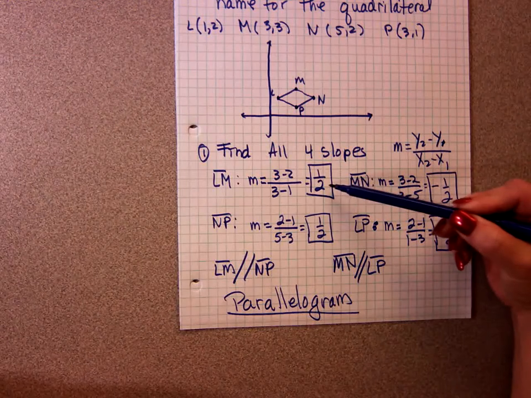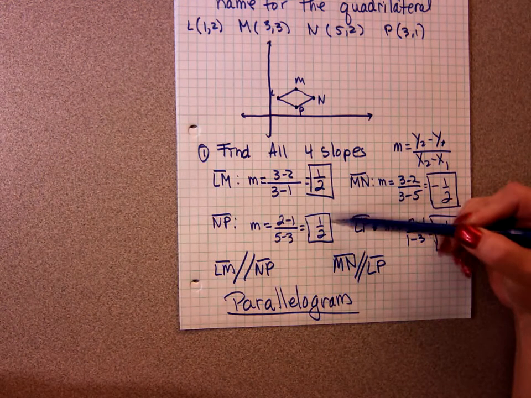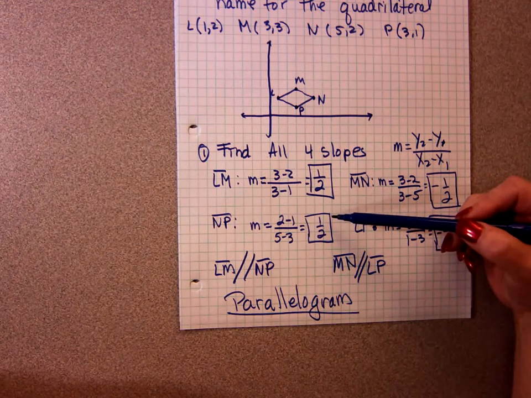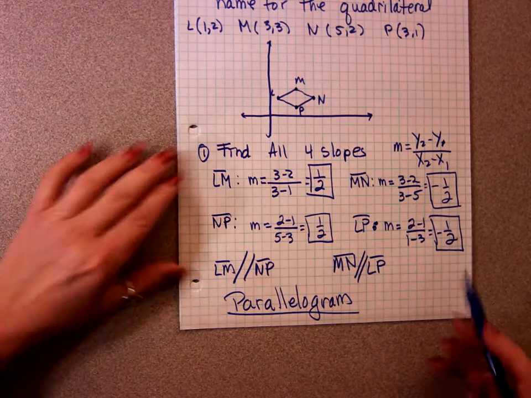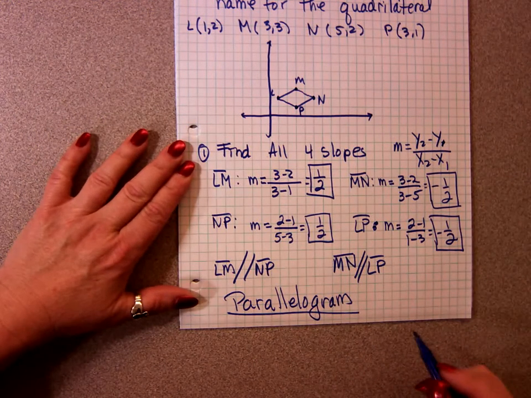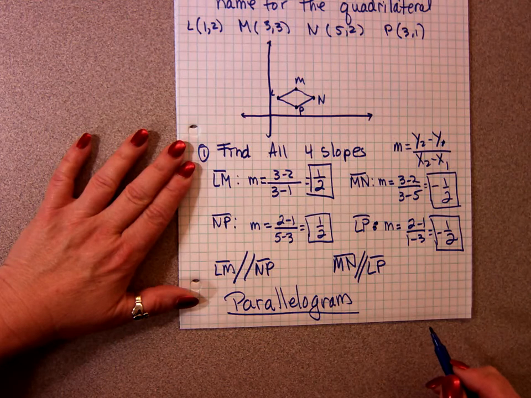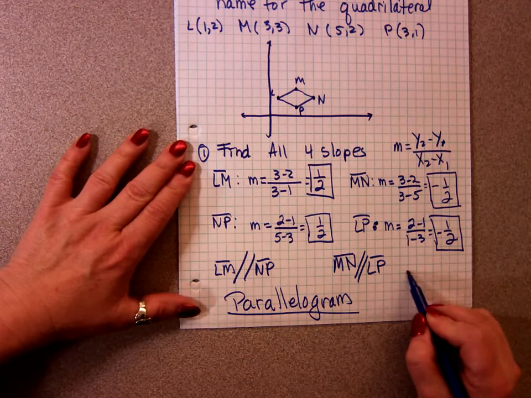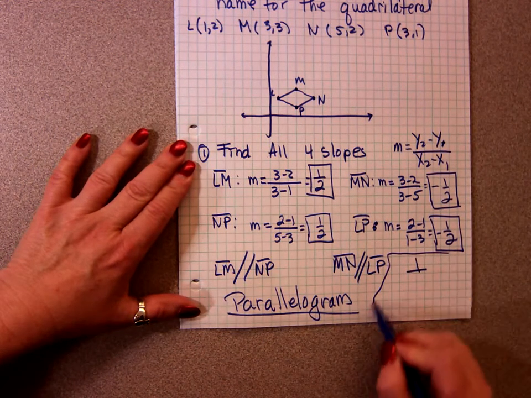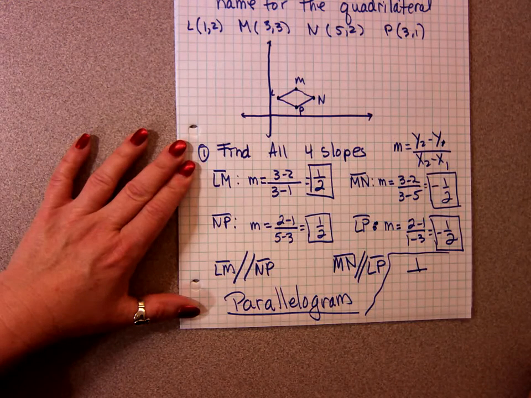Again, parallel lines have the same slope. And there's one other thing before we go on that you should check. That's to see if the lines are perpendicular. What is it about the slopes of perpendicular lines? Does anybody remember?